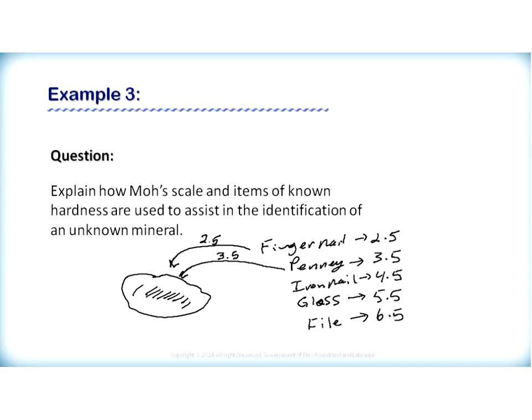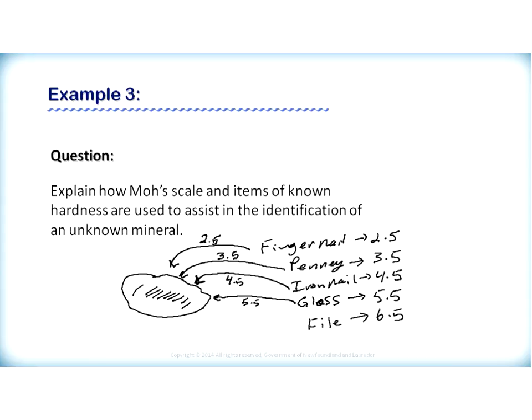An iron nail could be used to scrape the mineral sample. If it left a mark, then we know it's less than 4.5. And glass, same. Scrape the mineral sample along a piece of glass. If it left a mark, then it would be less than 5.5.